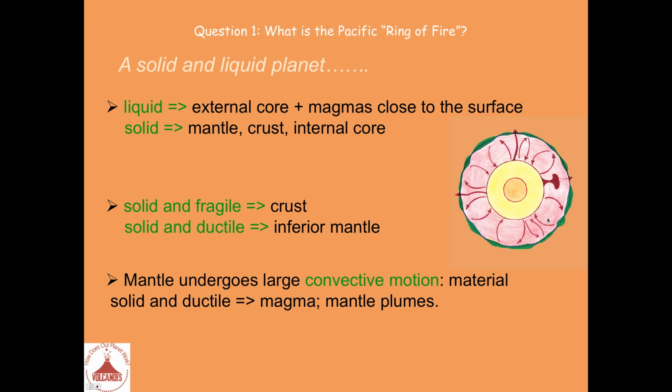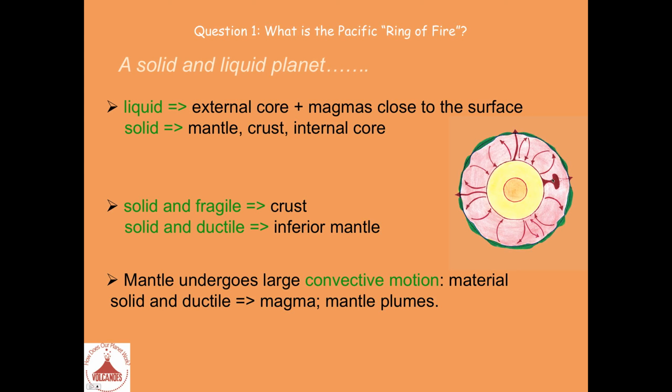The mantle material is solid and ductile, and when it goes up to the surface, it could melt and becomes a magma, which is liquid. One typical way to do this type of trajectory is through the mantle plumes.